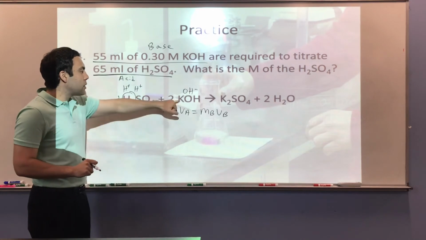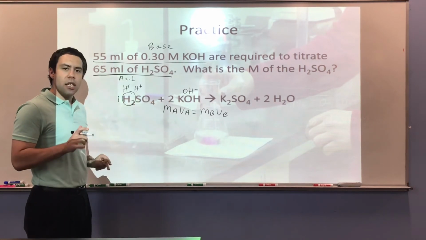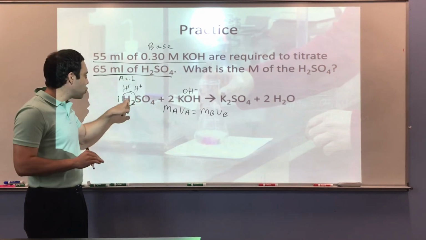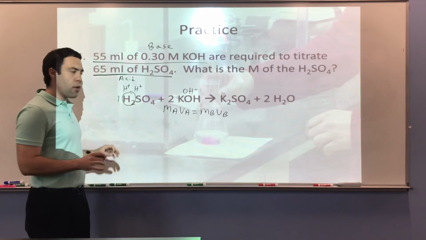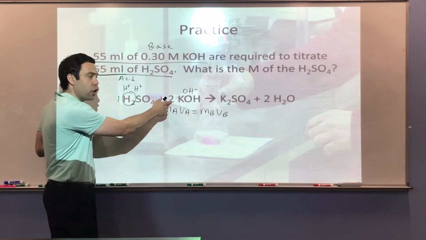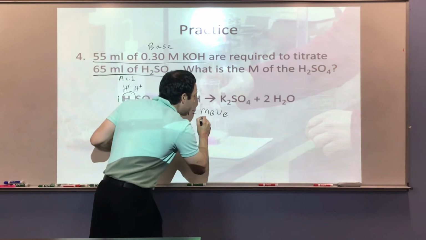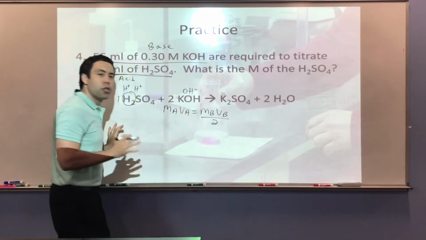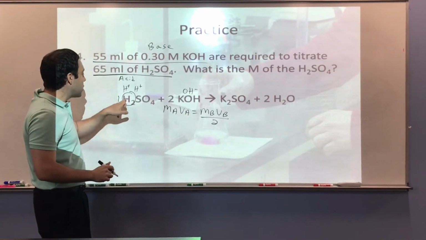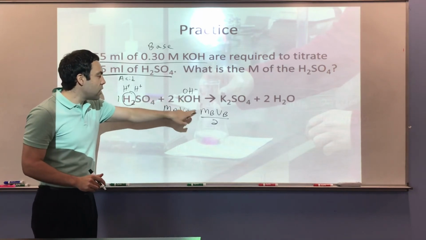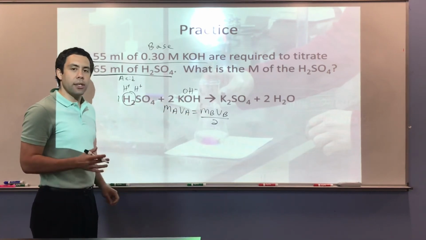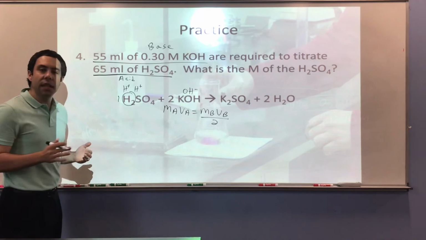So since we could say that the potassium hydroxide is half as strong as the H2SO4, there's a 2 coefficient here, we divide the base side by the number 2. It's a 1-to-2 ratio, so we have to divide the base side by 2. Everything else is just the same.